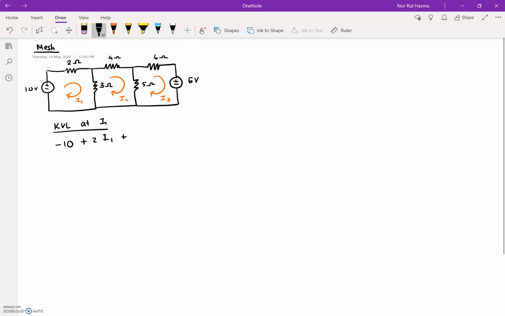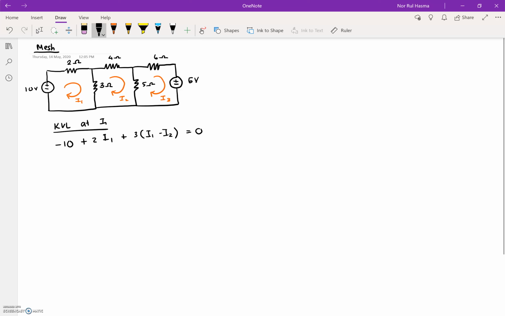And then the 3 is sharing the current with I1 and I2. Because I1 is dominant, I1 will be subtracted by I2, and then it should be equal to 0.